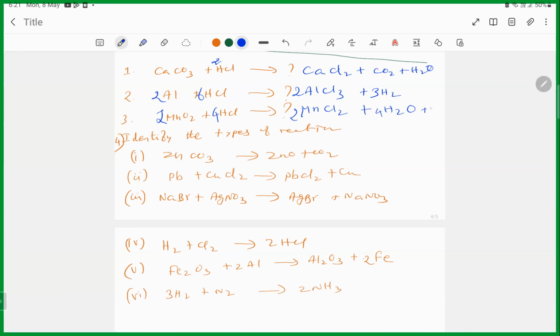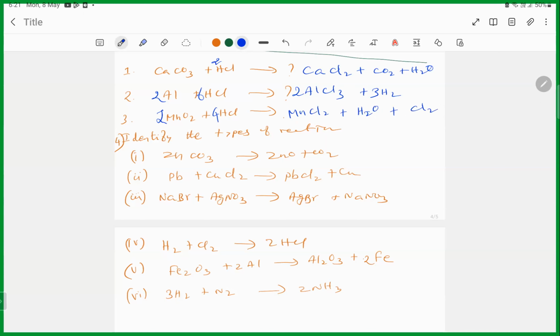Plus Cl2. Now you balance it. Now it will balance, see. MnCl2 plus H2O plus Cl2.